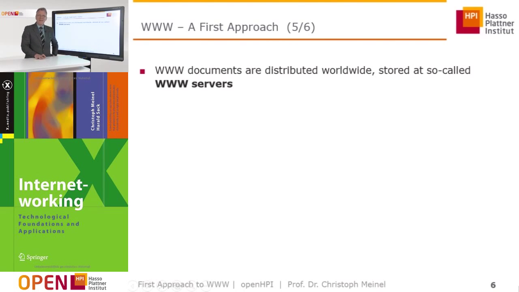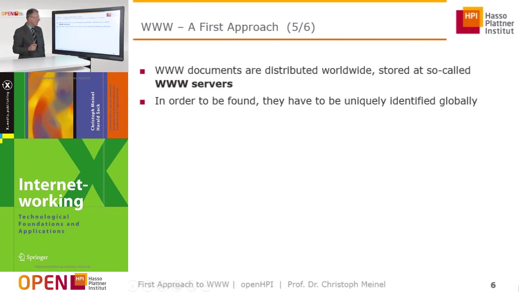The web documents themselves are placed on web servers. And these web servers may be distributed worldwide. Important is that one can reach such web servers via an internet connection. In order to point such a hyperlink to a new document, the other document needs a unique address.